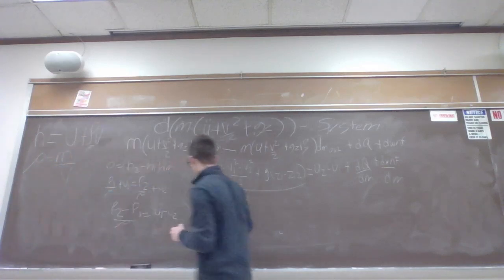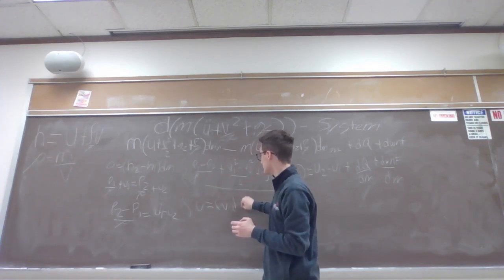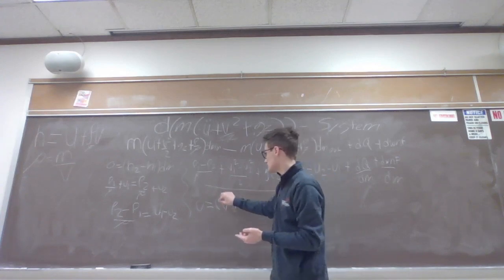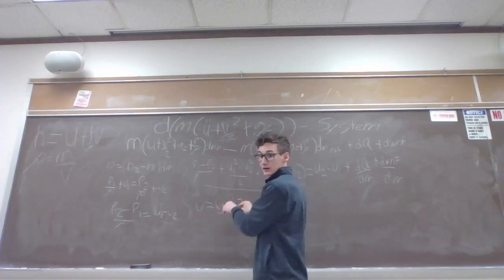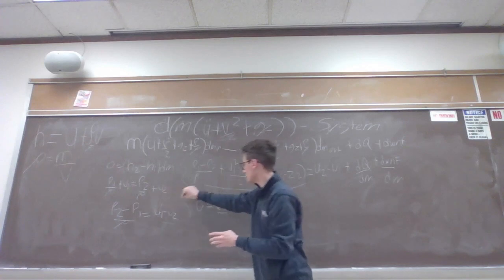So over here we would have, remember that u equals Cv dT, or the change in temperature. And so what we could have over here is this is the change in internal energy, and this is a constant. So we could bring the constant outside, and then this would turn into T1 minus T2.